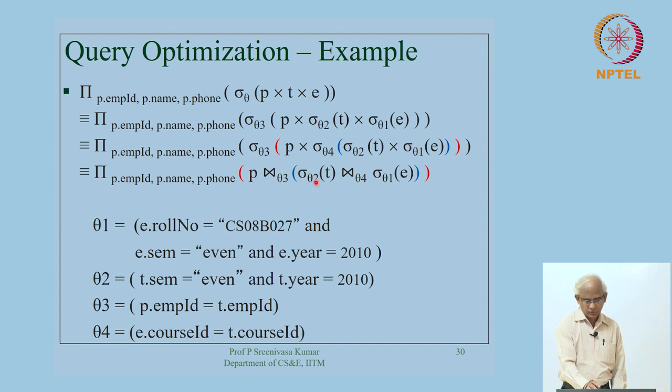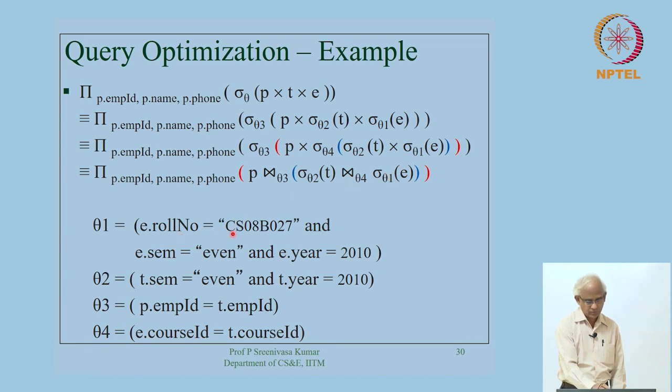Okay, so now that we have it, we will now focus on the projections. What is it that is required of enrollment? In theta 4, what are the conditions that are there? Course ID and course ID here also. So you basically need course IDs, and what is theta 1?